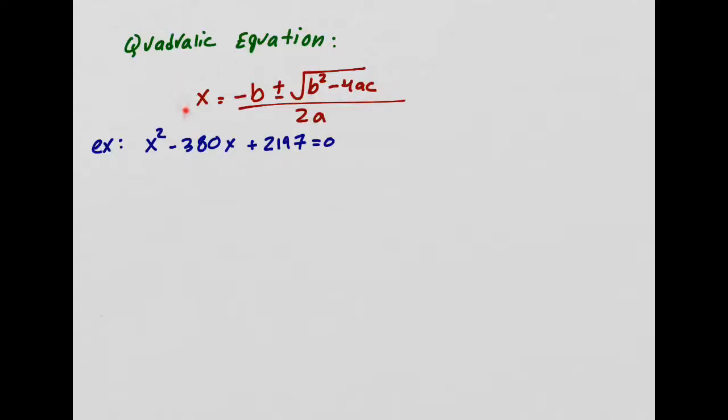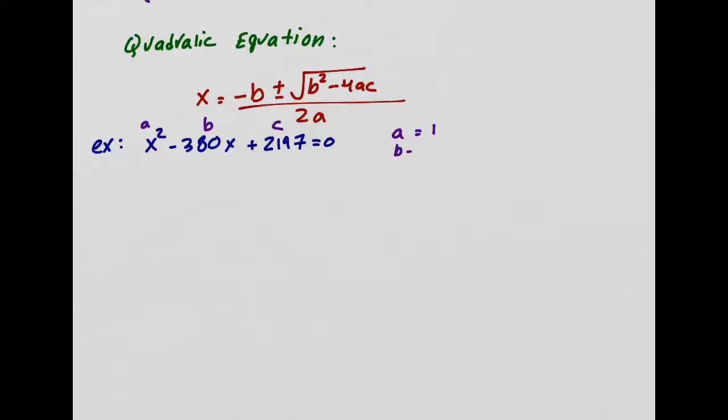Okay, so this is my quadratic equation, when I have a format that is x squared, an x, and a number. Now, in this case, this would be A, this would be B, and this would be C. Okay, so my A would be 1 because it's just 1 x squared.